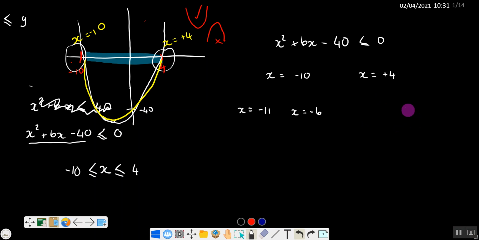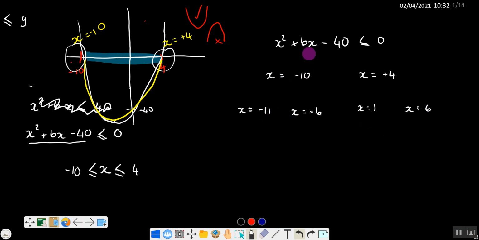The only reason is I'm going to say that x, for this one, I'm going to pick x is, let's say 1 for that one, because it's less than 4, and x is 6 for that one, because it's correct. So I'm going to check either side of what these limits are. Yeah? And I'm going to figure out what this equals for each one of those 4.